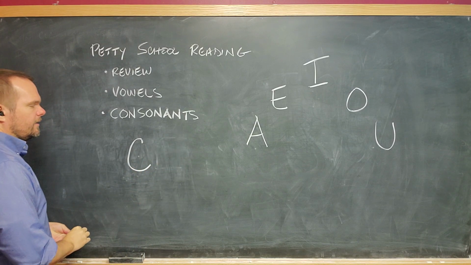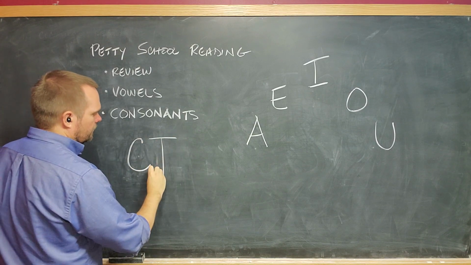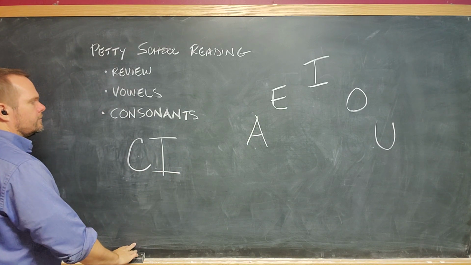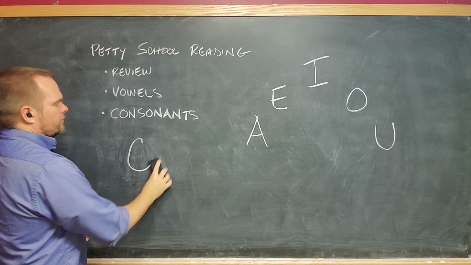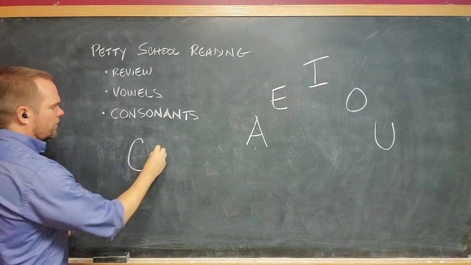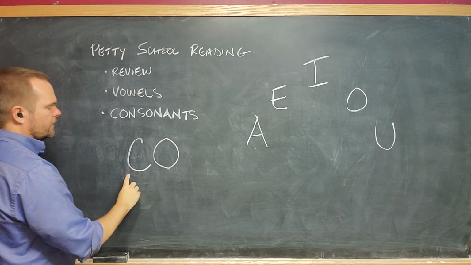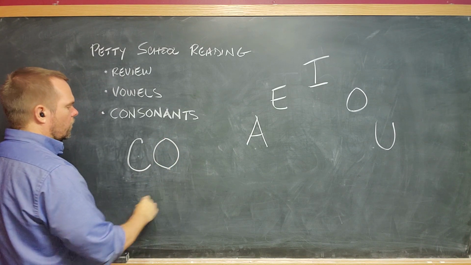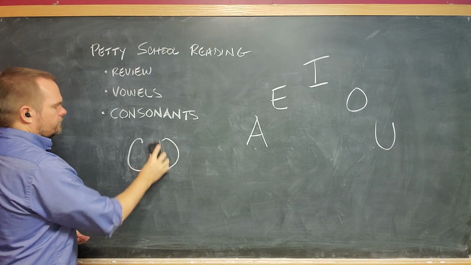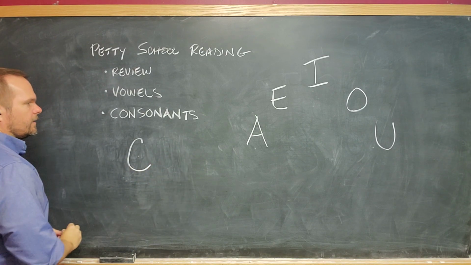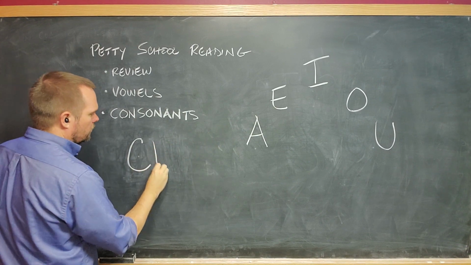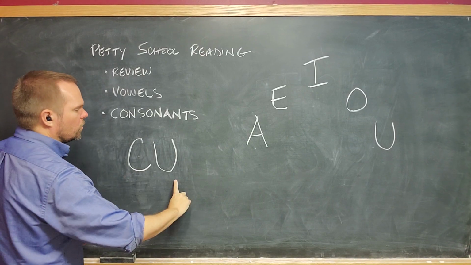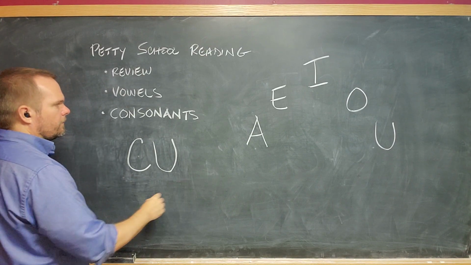Our third vowel sound will make ki. If we add the vowel sound o, we make ko. And lastly, if we add the sound u, we make ku.